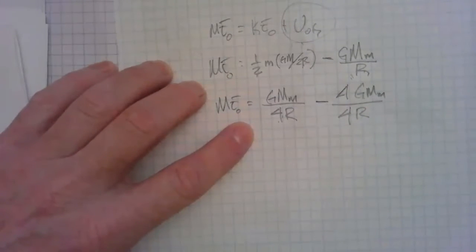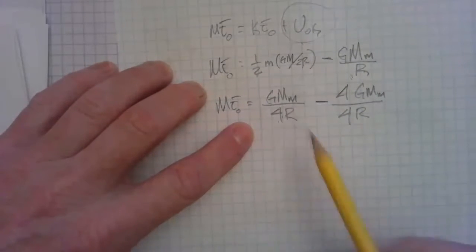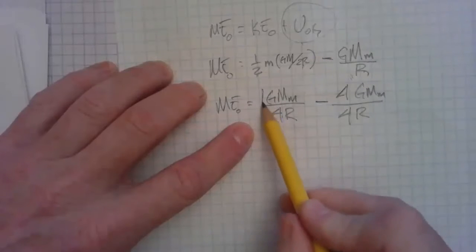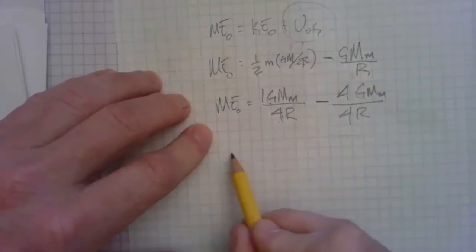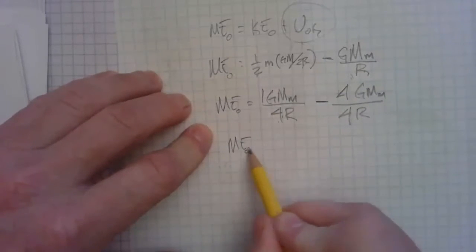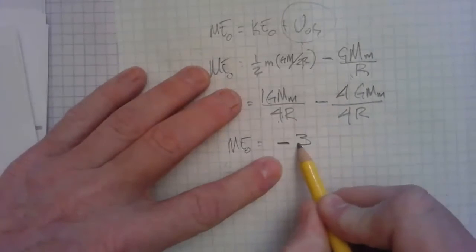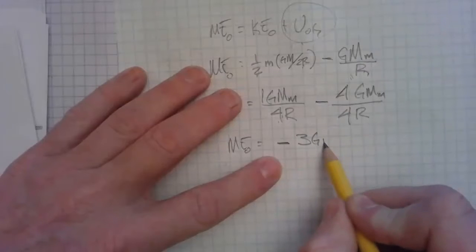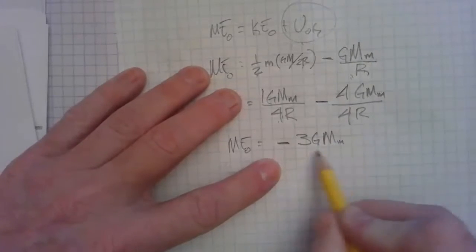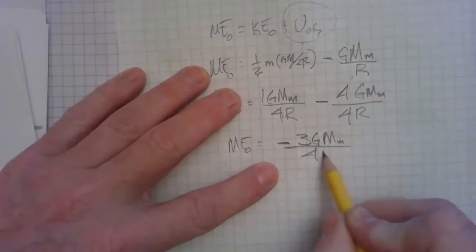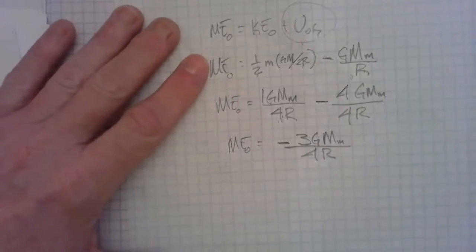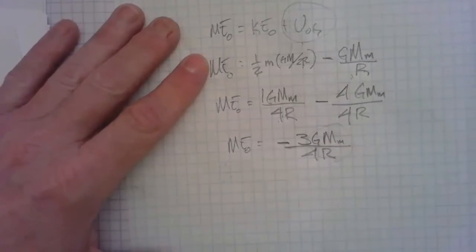Cool. Now we're going to do 1 minus 4, that's negative 3. So the mechanical energy initial is negative 3 big G, big M, little m, over 4r. So negative 3/4 this. Okay.